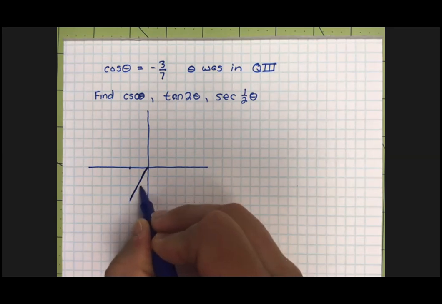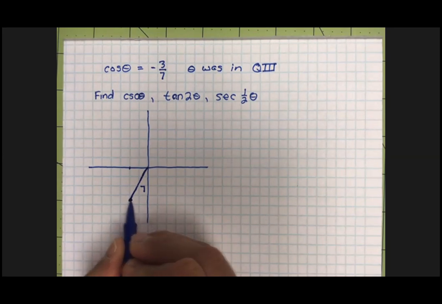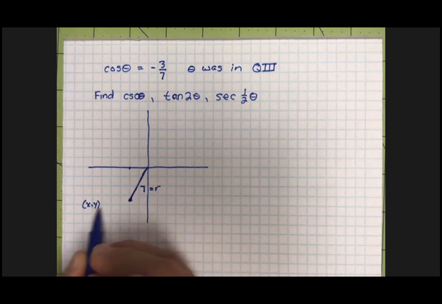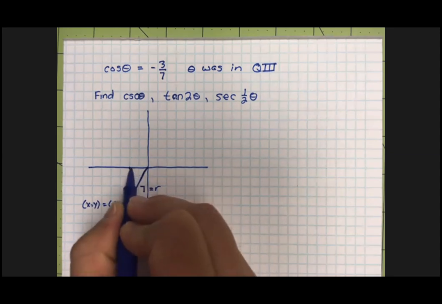Let's pretend this radius is 7. And let's pretend at this point right here, the x and y is -3. And I don't know what the y is yet.